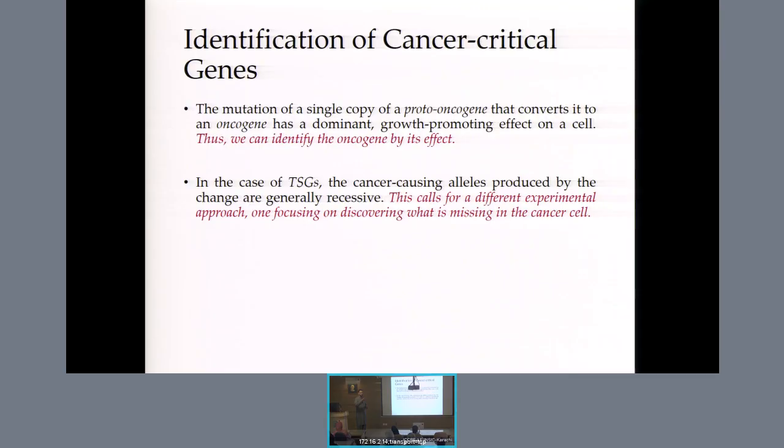So this is how, by the phenotype, by the behavior of your cells, you can identify the presence or absence of certain gene functionalities.